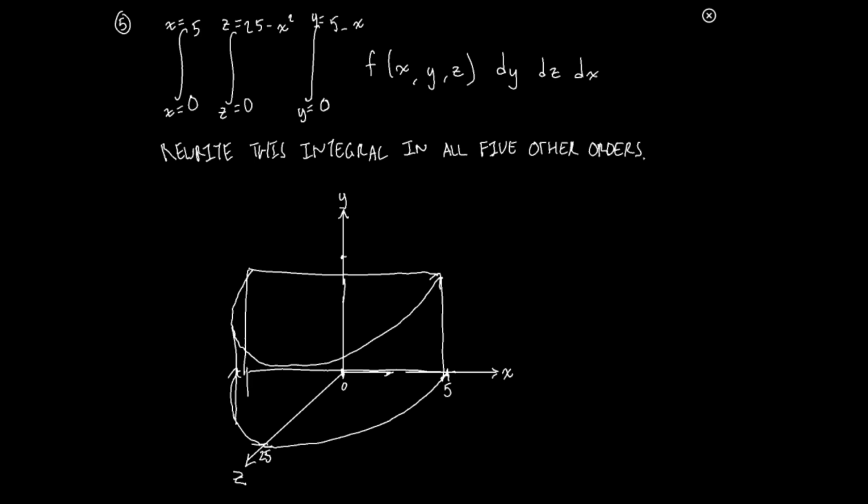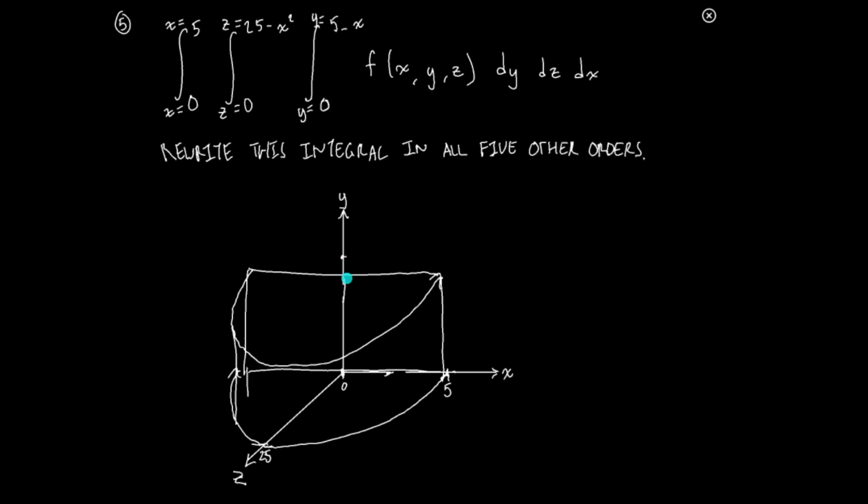Okay, well, what does that look like? Well, we can figure out it's linear, so it's a plane, and it's a line on the xy plane.